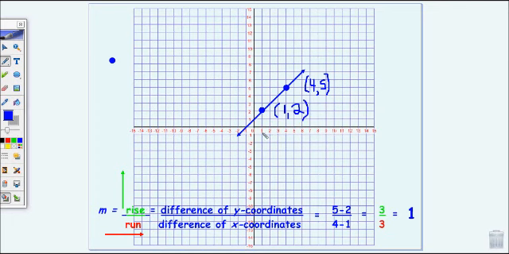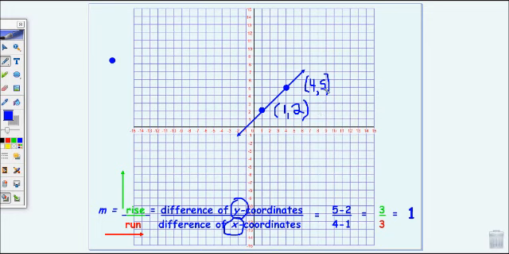Okay, so the rise is going to be the difference between my 2 points going up and down. I'm going to go to the highest point here, and I'm going to look at my rise, which is the second number. Another way to remember this is that my rise is going to be the difference between the y coordinates, and my run is going to be the difference between my x coordinates.